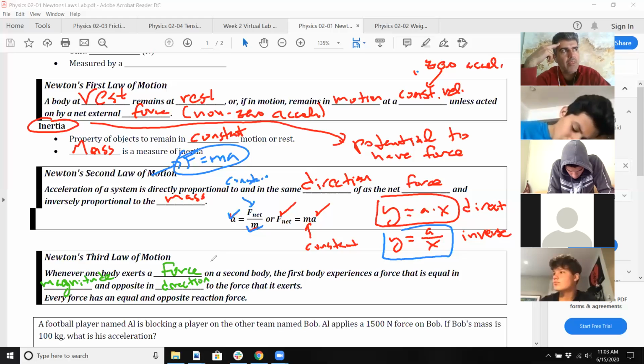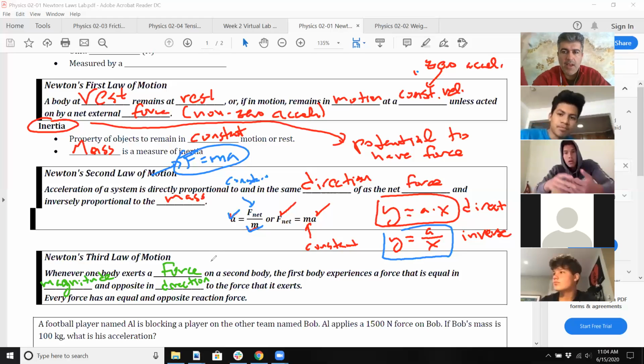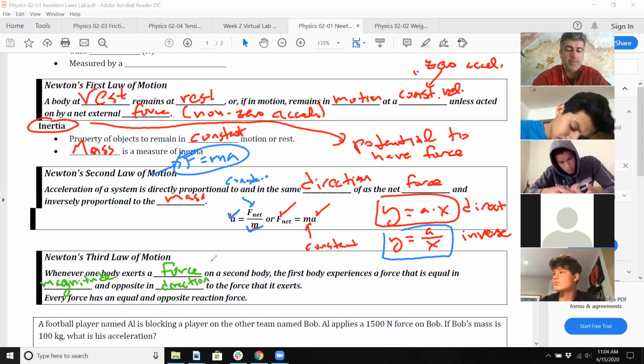You can think of it like myself sitting on a chair. I have mass, and my body's being weighed down by gravity, but the chair's acting against me to keep me propped up. The act of me sitting on a chair is the third law of motion.